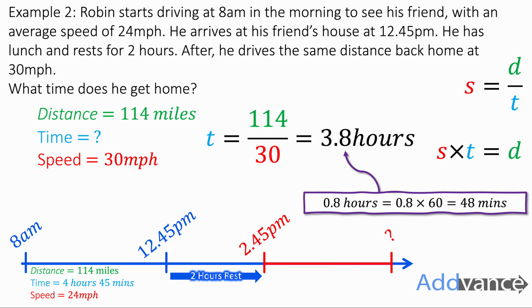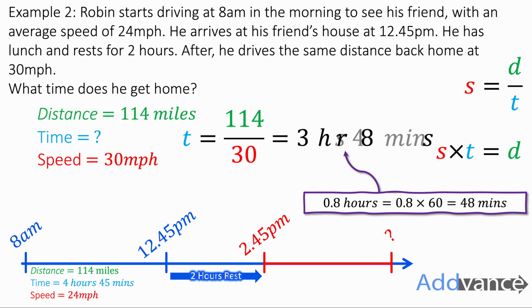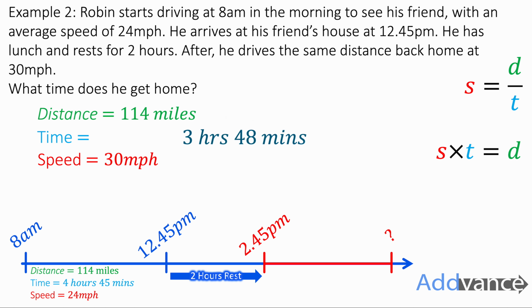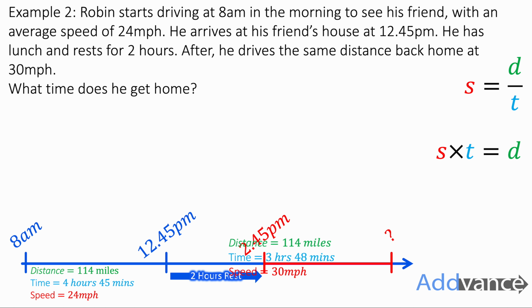We divide and we get 3.8. But 3.8 hours is 3 hours and 0.8 hours. 0.8 hours is 0.8 times 60, which is 48 minutes. So it's 3 hours, 48 minutes. And so the time it takes him to get home is 3 hours, 48 minutes.